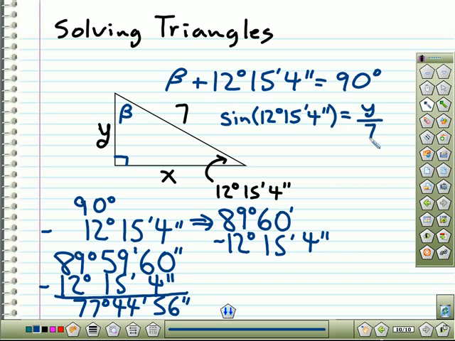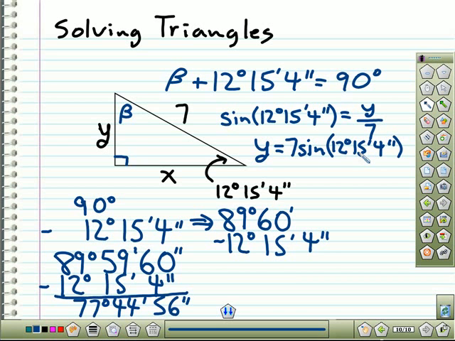All we have to do is write down the relationship that we know exists. Then we multiply, so y equals 7 times the sine of 12 degrees, 15 minutes, and 4 seconds. What would that give you in your calculator? That's going to give you what y is.